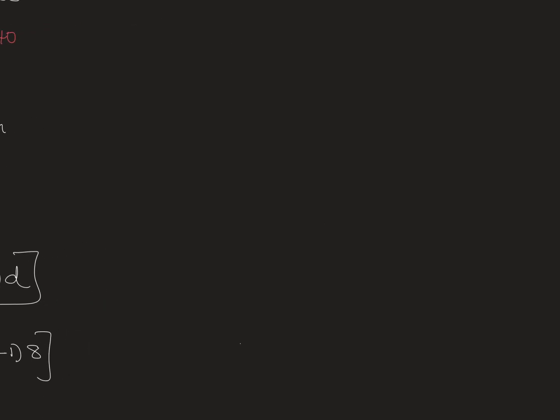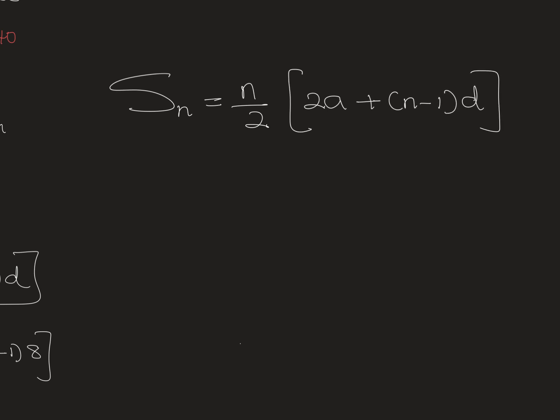Let's see, we can use the formula to get that. The formula is S sub n is equal to n over 2 into 2a plus n minus 1 times the common difference. We want to find the sum of the first 10 terms, so that will be S sub n, where n is 10.